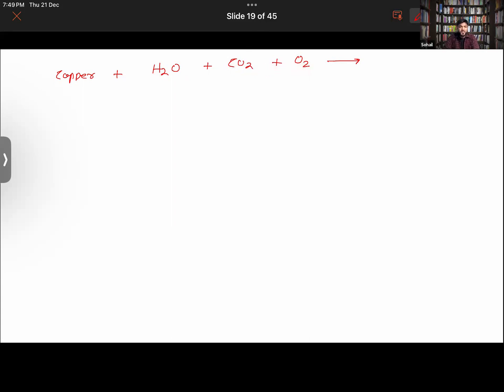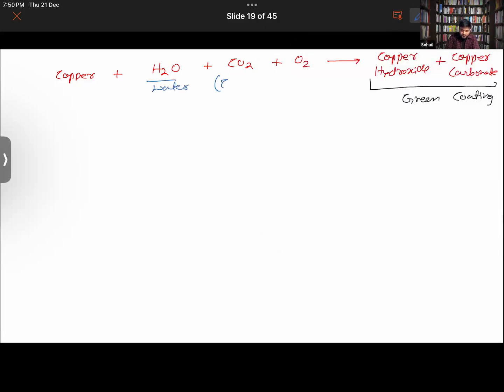So it will form copper hydroxide, along with copper carbonate. And this is actually the green coating that develops over the copper substance.